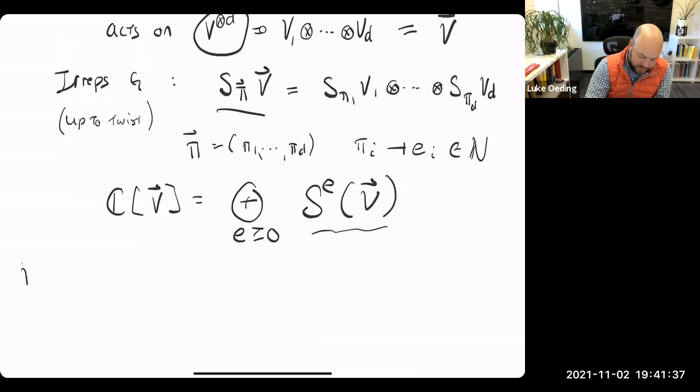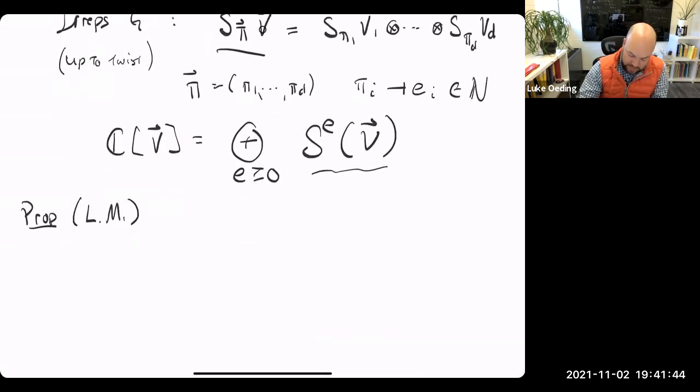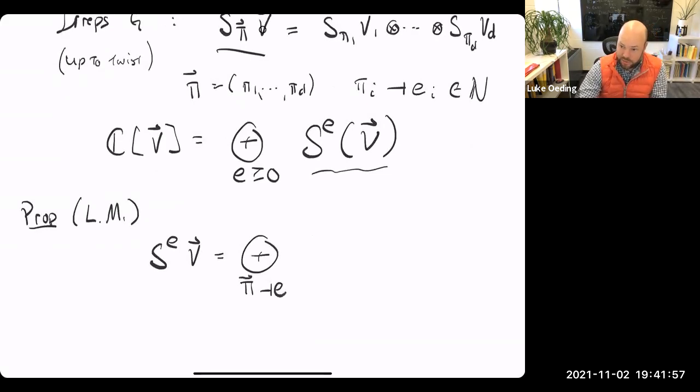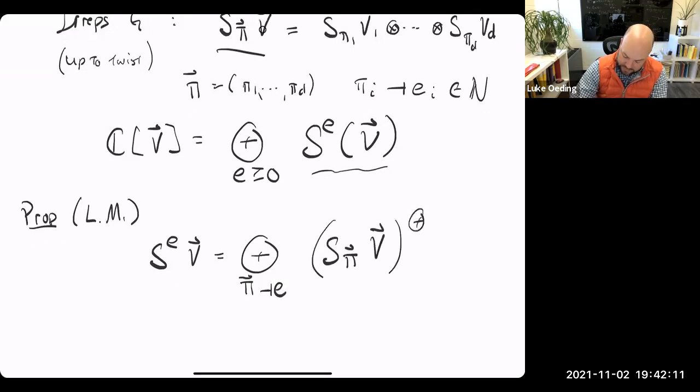There's a proposition, which I learned from Landsberg and Manivel a long time ago, that follows from Schur-Weil duality: Sym E of V vector is a big direct sum over these multi-partitions. The multi-partition is a D-tuple of partitions of the same number E. So S pi V vector, and often it's written like this.